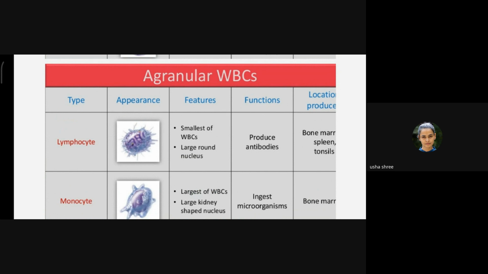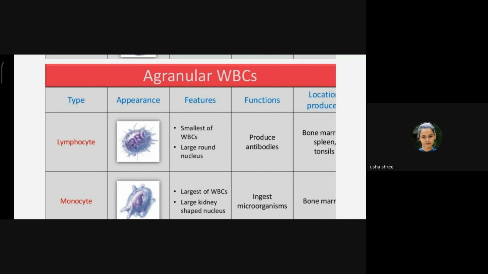Means lymphocytes are the smallest type in these 5 types of WBC, and it has a large round nucleus. Function of lymphocyte: produce antibodies. Obviously it's a part of lymphatic system, so these produce antibodies. And lymphocytes are made from bone marrow, spleen, and tonsils.